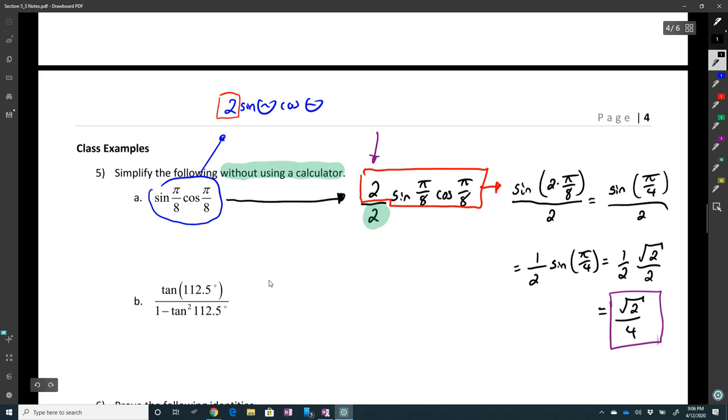Now this next one is just verbatim the tangent formula. This is the formula for tangent of 2 theta, which means that whatever this is going to become the theta that goes right there.